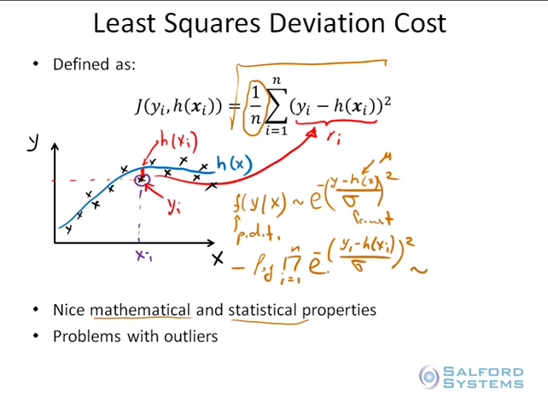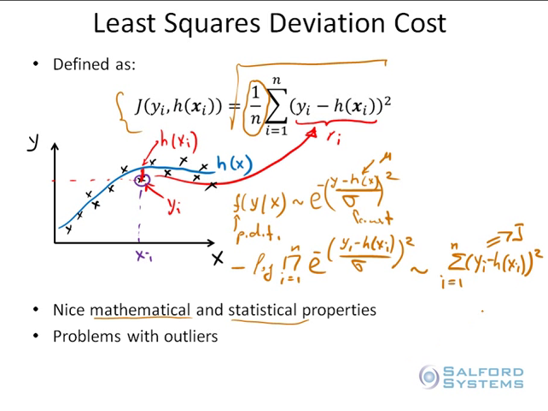Log and exponent cancel each other, minus and minus cancel each other, and we essentially arrive at the formula, which is the sum i equals 1 through n of (y sub i minus h of x sub i) squared. And this is exactly the J function that we introduced over here.